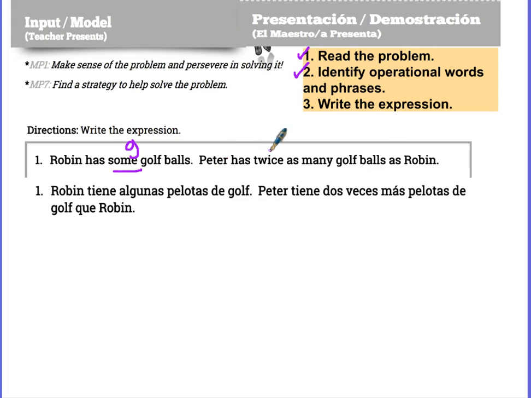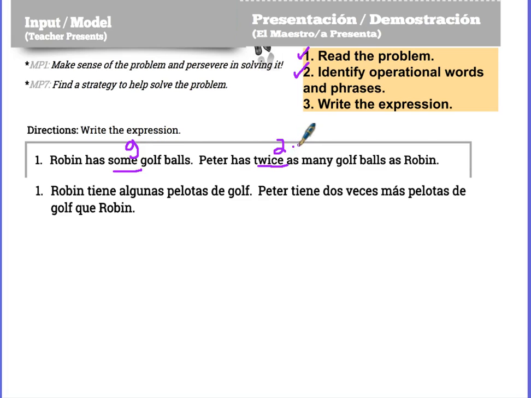Peter has twice as many golf balls as Robin. Twice as many. Twice. That means I'm going to multiply by 2. So if I'm going to multiply by 2, he has twice as many golf balls. And I know G represents the number of golf balls Robin has.